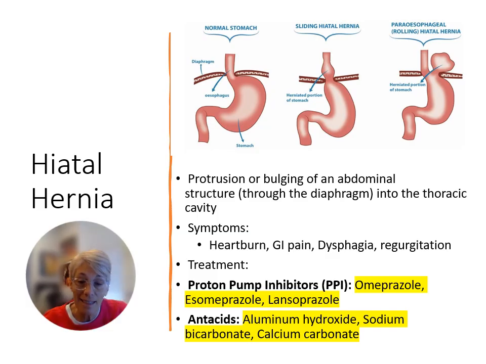So they can get in there and repair the diaphragm to prevent this from continuing to herniate up into the thoracic cavity. So again, proton pump inhibitors, there are some examples there, and some antacids, some examples there, so you'll need to know those.